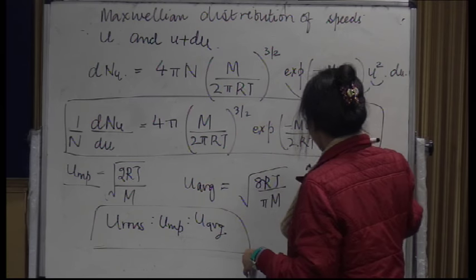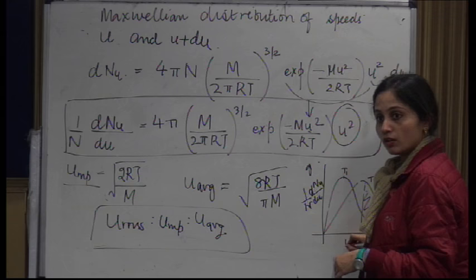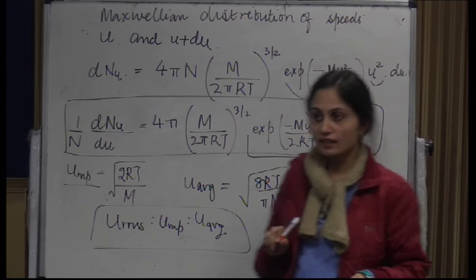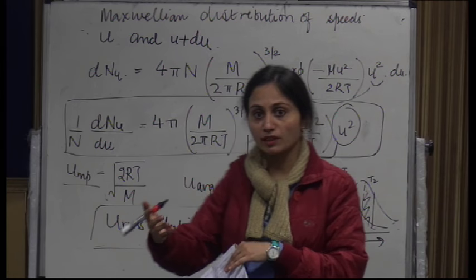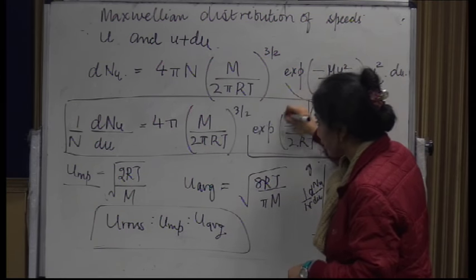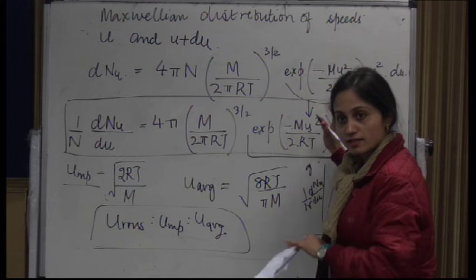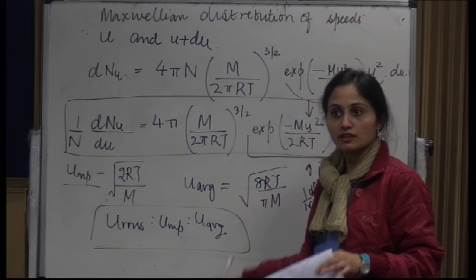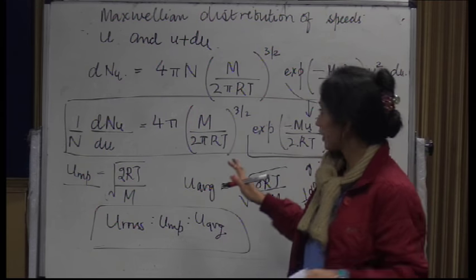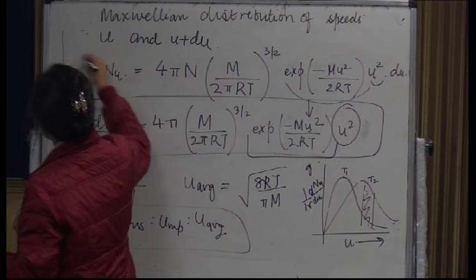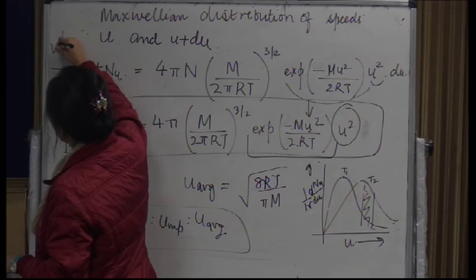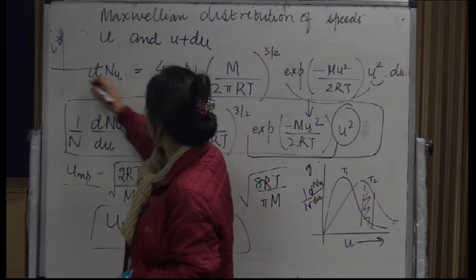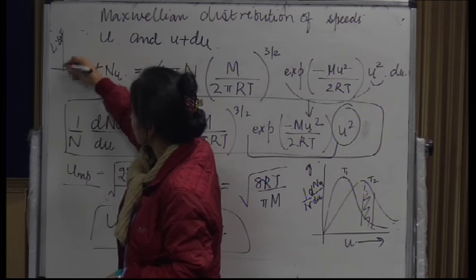Now what happens beyond a particular range of u? Now your exponential factor predominates. As soon as the exponential factor predominates, what will happen? This is exponential of minus some factor, minus u square into something. So there will be an exponential decay. Understood? I repeat it again. The normal curve of this fraction of LHS, which is 1 by n dnu by du versus your speed looks like this.